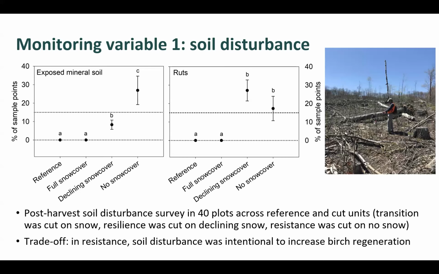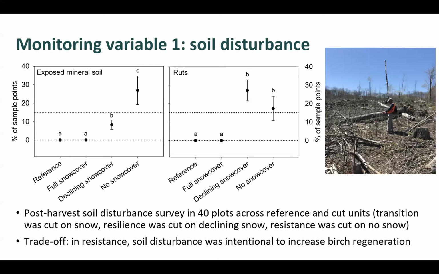And here I will point out with these graphs that we're talking about an x-axis describing either reference conditions, no harvest, cutting done while snowpack was fully intact. This was a year with about a 30-inch snowpack. Declining snow cover corresponds to units that were cut when the snowpack was melting, but still mostly present. And then the resistance cutting unit was cut in early fall, so no snow cover present.